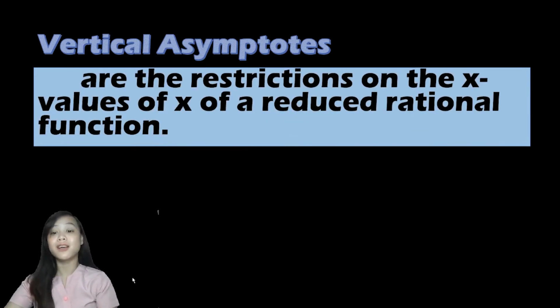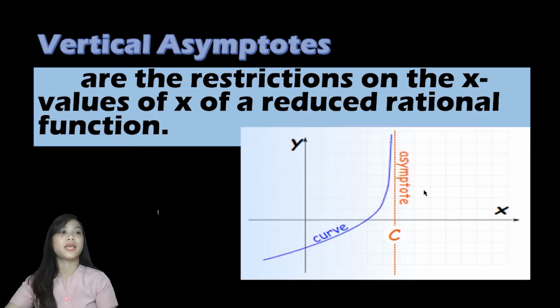These are the restrictions on the x values of a reduced rational function. These restrictions will make your function undefined. Again, this is the illustration for our vertical asymptote.